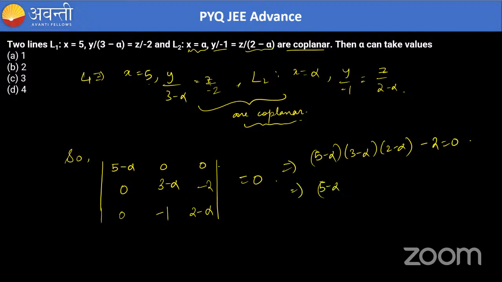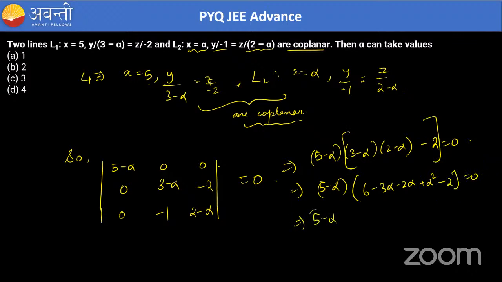I am keeping 5 minus alpha as it is. Alpha, I am trying to reduce this variable. So this will come out to be 6 minus 3 alpha minus 2 alpha plus alpha square minus 2 equals to 0.